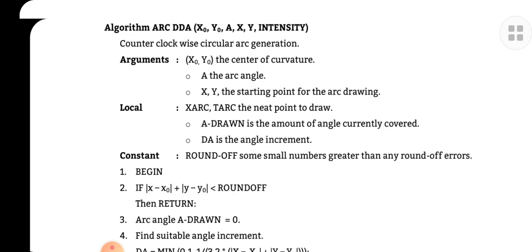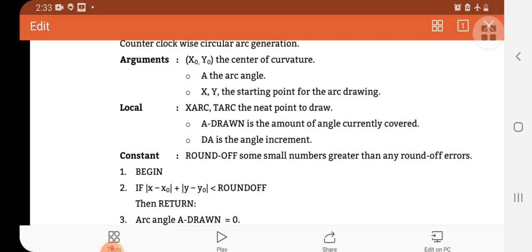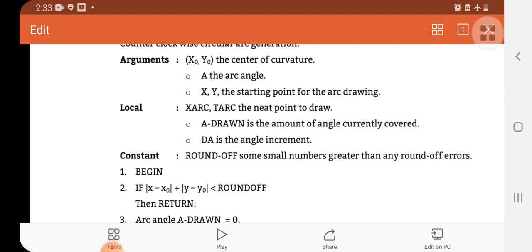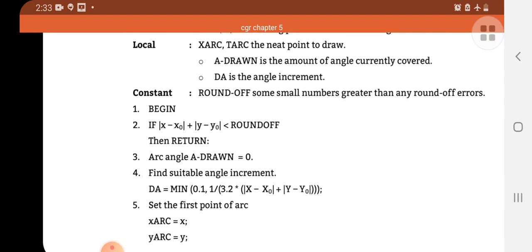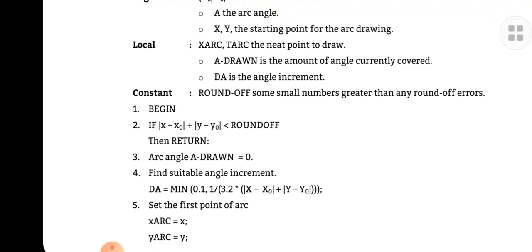The locals are x arc and y arc, the next point to draw; A drawn is the amount of angle currently covered; and dA is the angle increment. The constant round-off is some small number greater than any round-off errors.